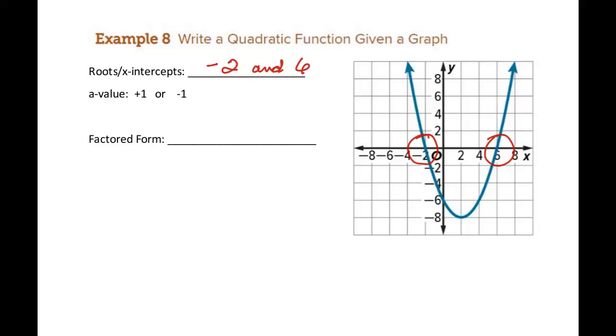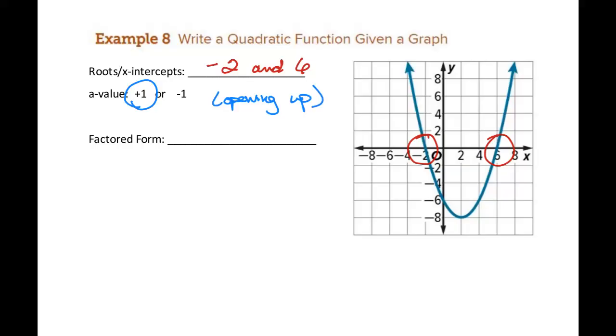The a value, is it +1 or -1? I want you to circle that. What do you think the a value is? Take a look at the graph. Which way is it opening? Circle your answer, and 3, 2, 1. Hopefully you circled +1 because it is opening upward.